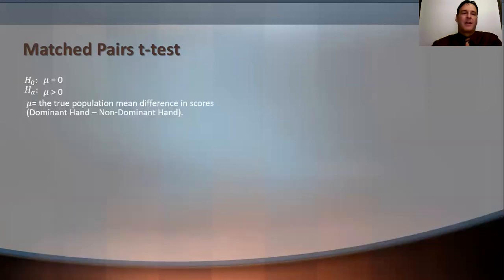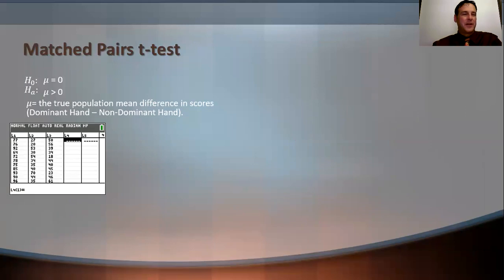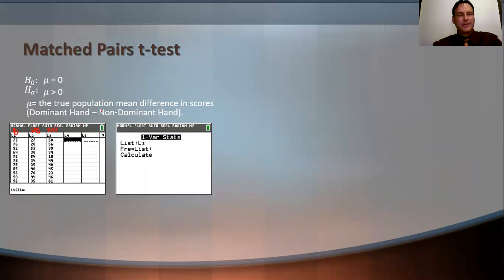All right, so once those are done, we have to do conditions. We'll take a look at a couple things. First, just reiterating, this is my L1, that's my dominant. I'll put a big D there. This is my non-dominant, and then these are my differences, and those are representative of that chart. If I look at the next piece, I'm just doing a 1-var stats, and I'm doing it with L3, which is what the information is involving.